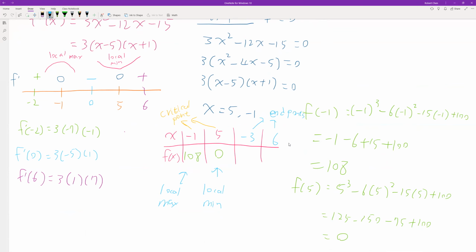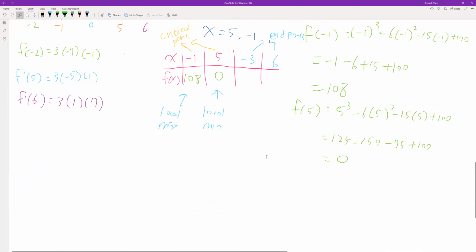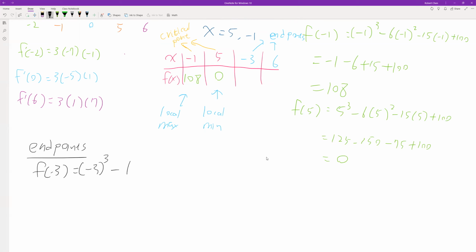Okay, so let's go ahead and find the values at the endpoints. For the endpoint, f of -3 is equal to -3 cubed minus 6 times -3 squared minus 15 times -3 plus 100.